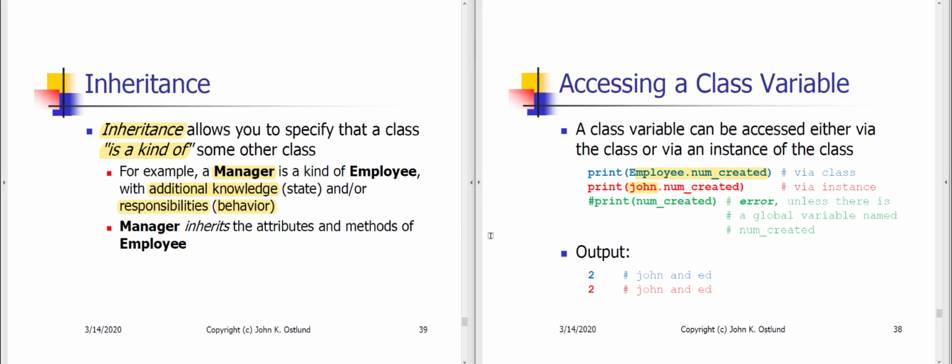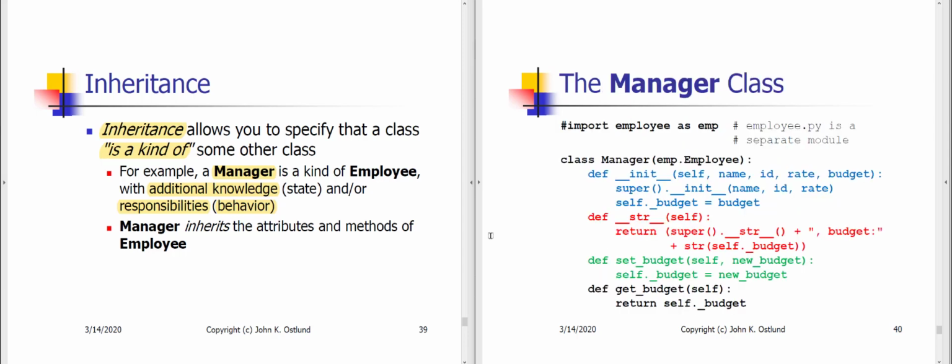So here's how we can do this inheritance idea in Python. We're going to import employee. Now, previously I had said that probably our employee code was in a module named employee.py.